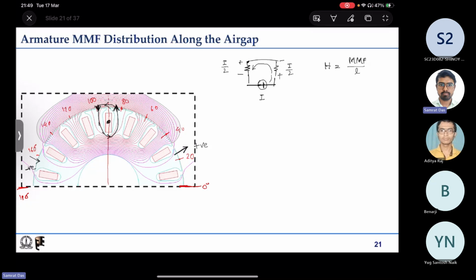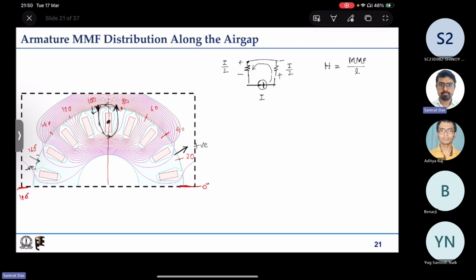Following this assumption, for the right hand side, around this 80 degree, we will have plus I by 2, because flux lines are going radially out, and around this 100 degree we will have minus I by 2, because there the flux lines are coming radially inward.